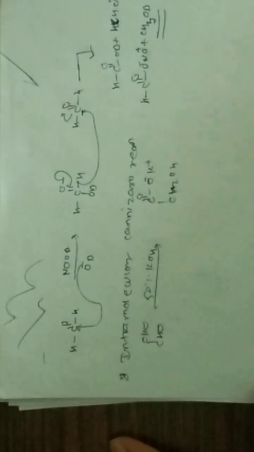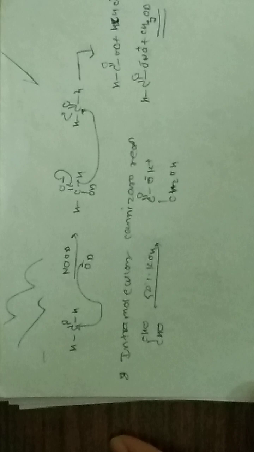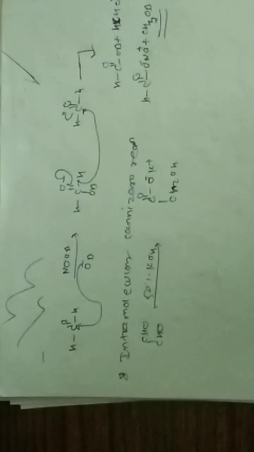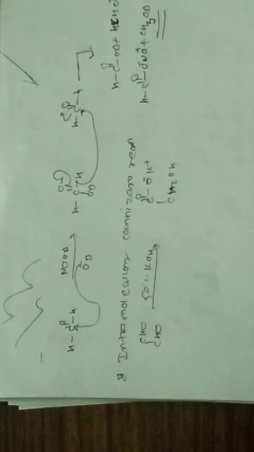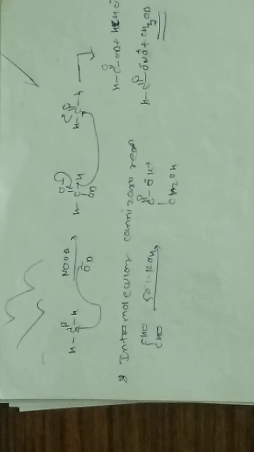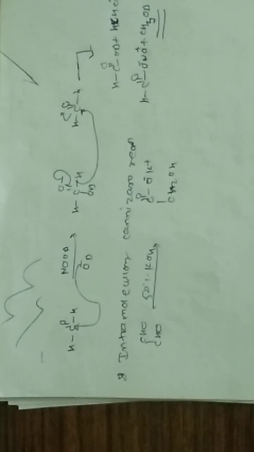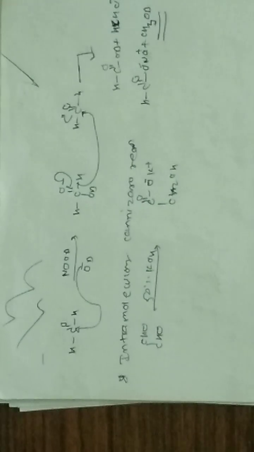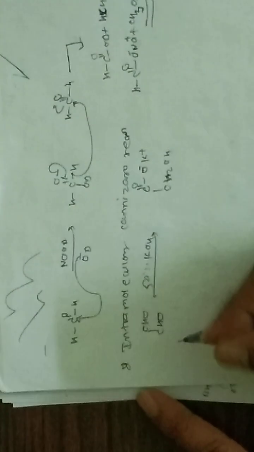Now I am going to discuss previous year questions based on the Cannizzaro reaction. Here is a simple question asked in AIEEE 2004. I am not writing the detailed question, only reading it. Which of the following undergoes reaction with 50% sodium hydroxide solution to give the corresponding alcohol and acid?